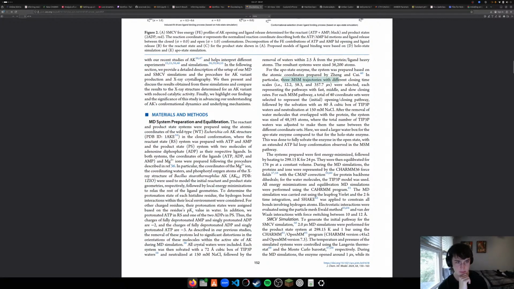Three MSM trajectories with different closing times were selected, each representing the pathways with fast, middle, and slow closing rates. For each MSM pathway, a total of 40 coordinate sets were selected to represent the initial opening and closing rate.